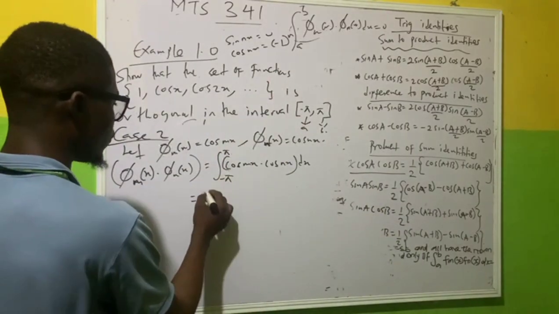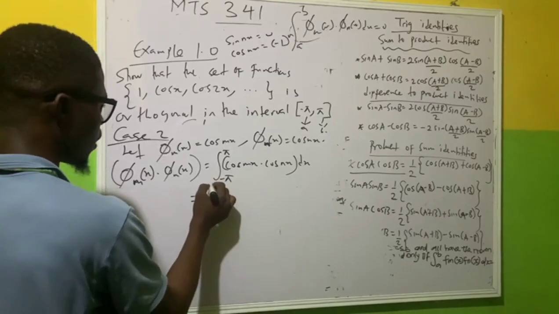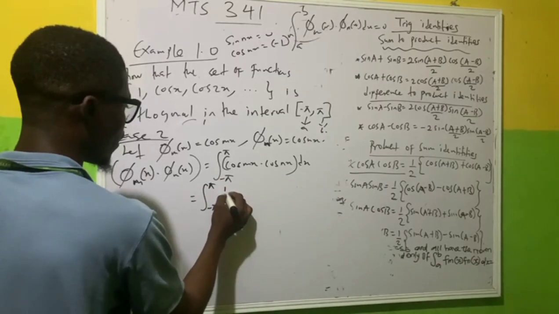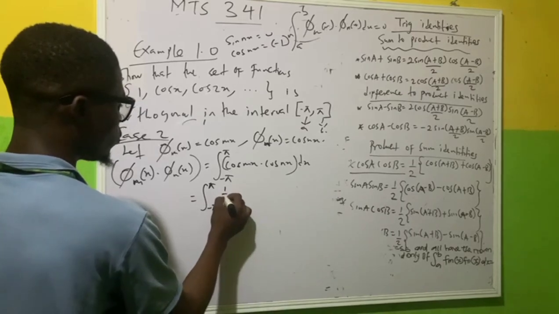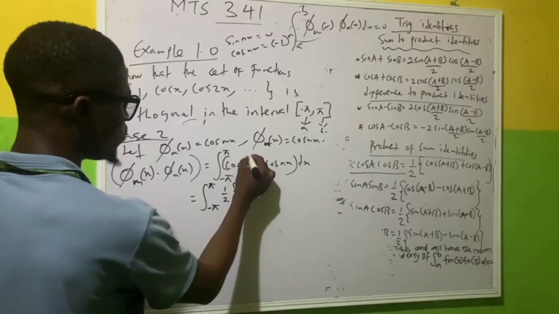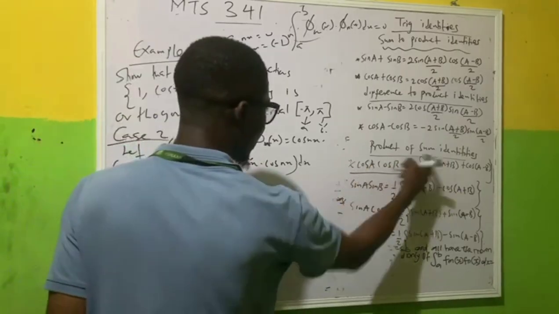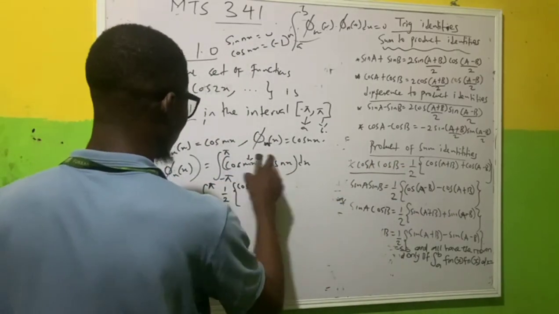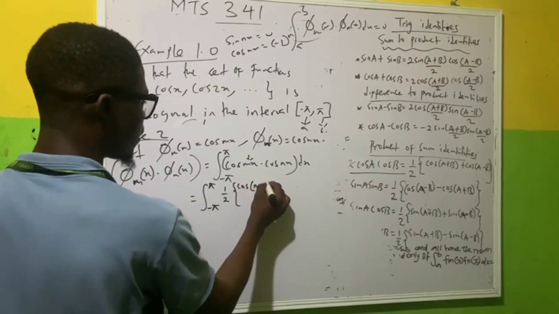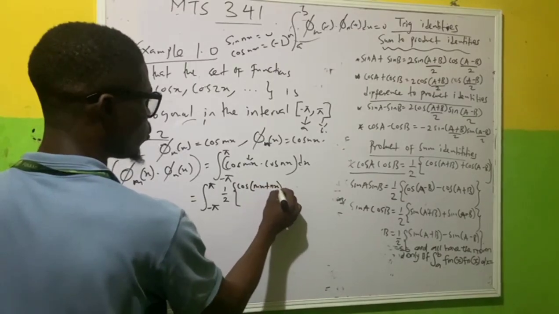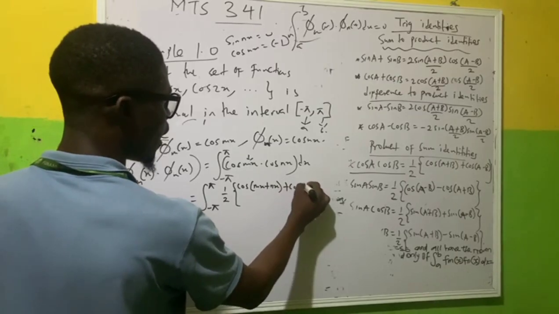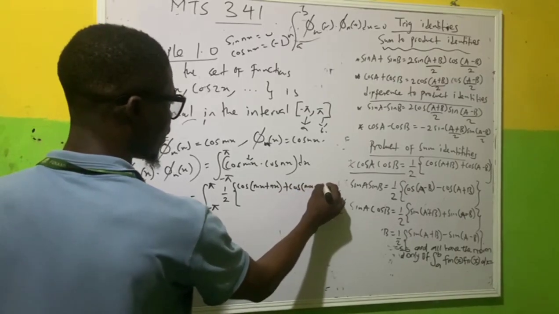So this one is going to be giving us the integral from minus pi to pi of 1 over 2 into cos, let this one be your a and this one be your b. So that will be cos into bracket mx plus nx, plus cos into bracket mx minus nx.